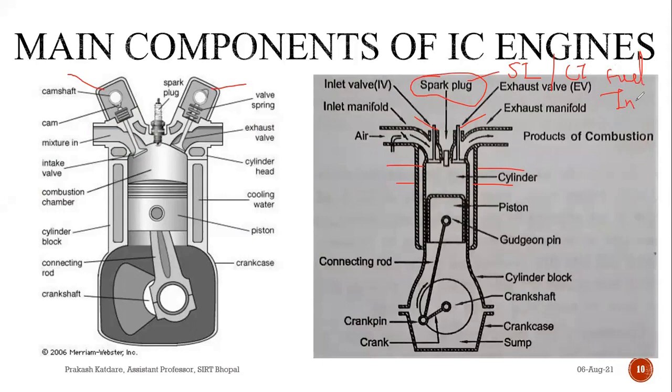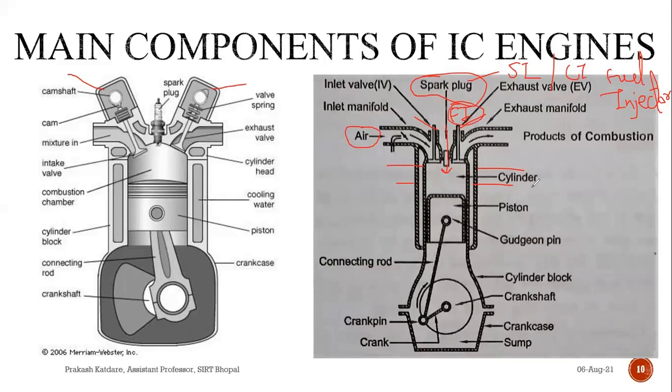In a CI engine, there is no spark plug. What we use is a fuel injector, which will inject the fuel. It means in a CI engine, only air is going to come inside the cylinder. And after the compression stroke, the fuel will enter through the fuel injector and the combustion will take place because of auto ignition of fuel.